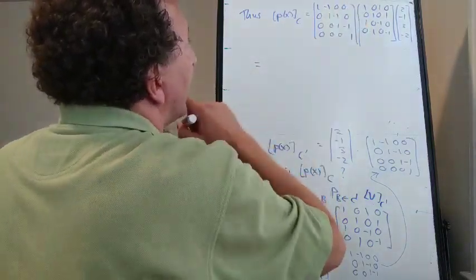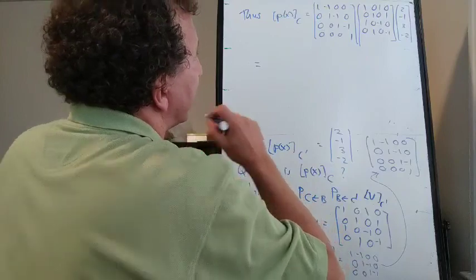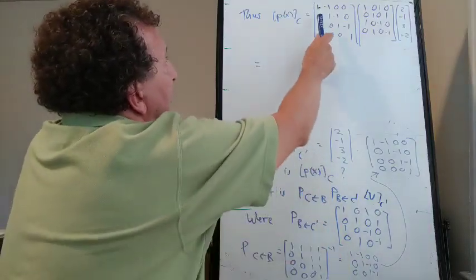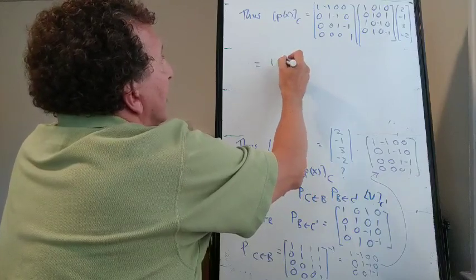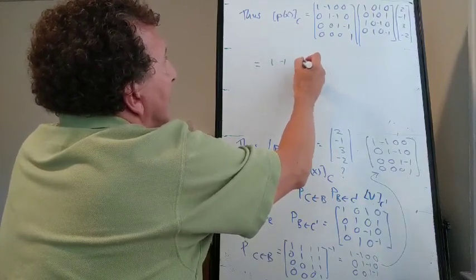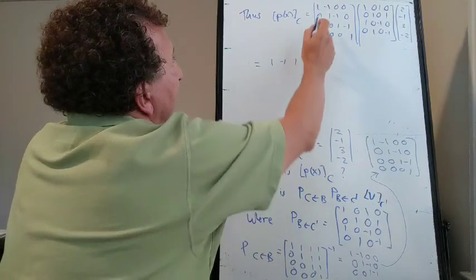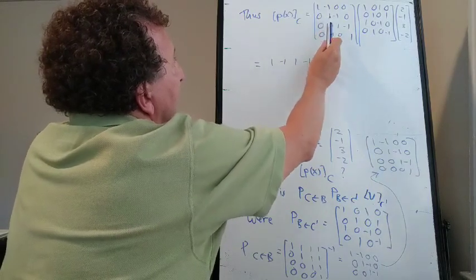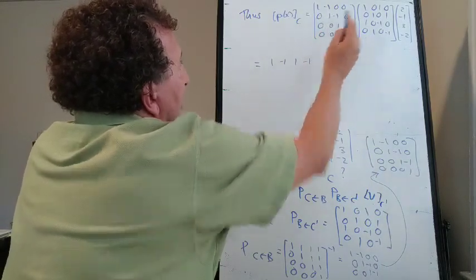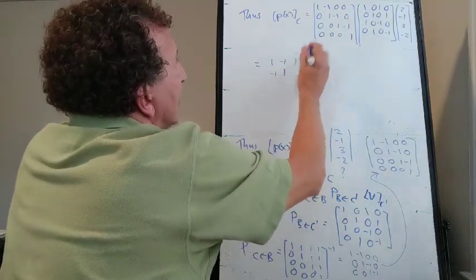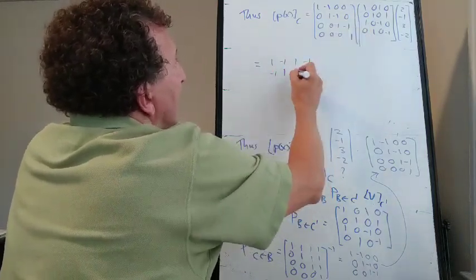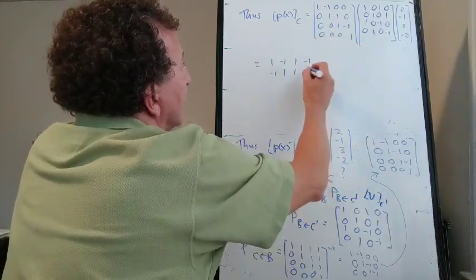All right, when we multiply these matrices together, the first row is going to be first row minus second row. So that's 1 minus 0, 0 minus 1, 1 minus 0, 0 minus 1. The second row is going to be second row minus third row. So that's 0 minus 1, 1 minus 0, 0 minus -1, 1 minus 0.